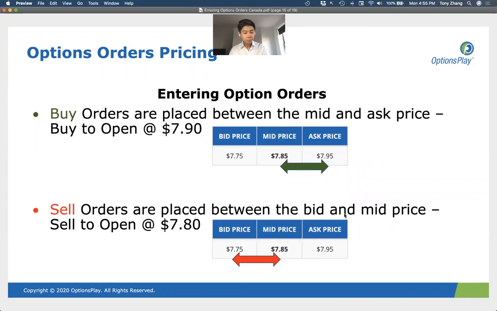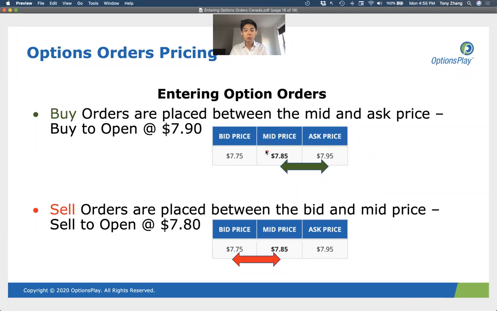Like I said, when we're talking about entering an option order, buy orders should always be placed in between the midpoint and the asking price, because the fair value of that option is 7.85. The advertised price is 7.95. So what you want to do is pay as close to 7.85 as possible. That's why whenever you're buying, you want to place your order somewhere in between the mid price and the asking price. Now, how do you actually work this order?